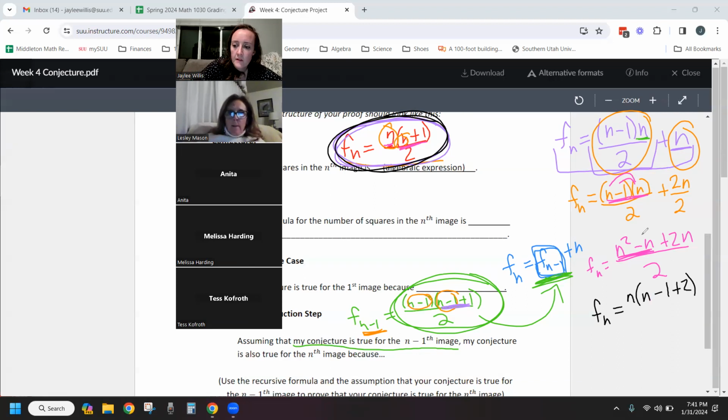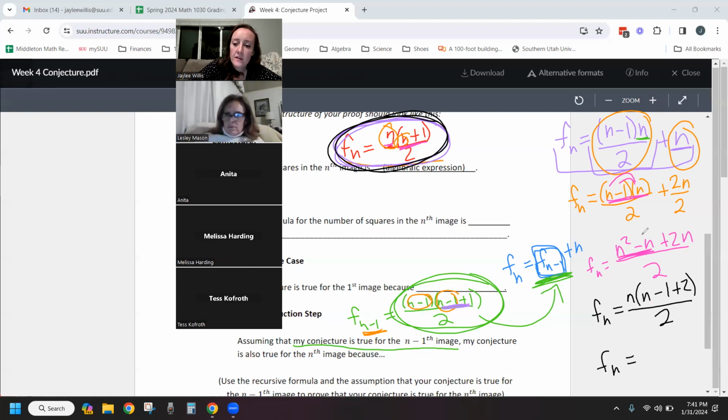Perfect. And then we're almost there. The last step is super easy, because the black stuff almost looks like our conjecture. What's the last step we need to do to make it look like it? Yep, perfect.